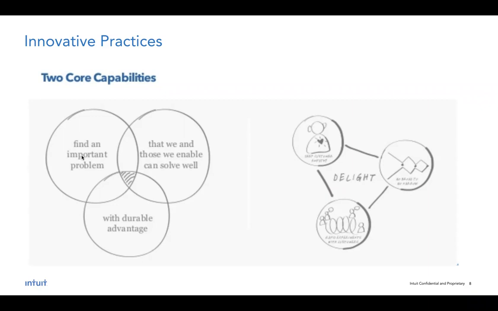Articulate very clearly, as a customer, the most important problem you're trying to solve. Now, it is not enough to understand the problem. We need to understand as a company, as an organization, what can actually be solved very well with the existing set of technology capability.